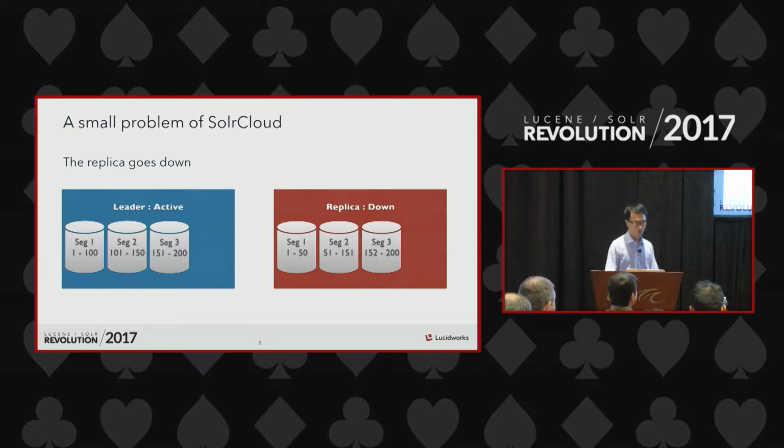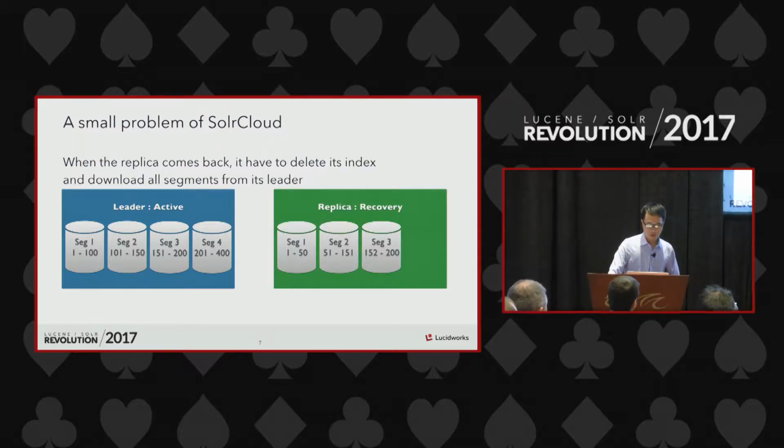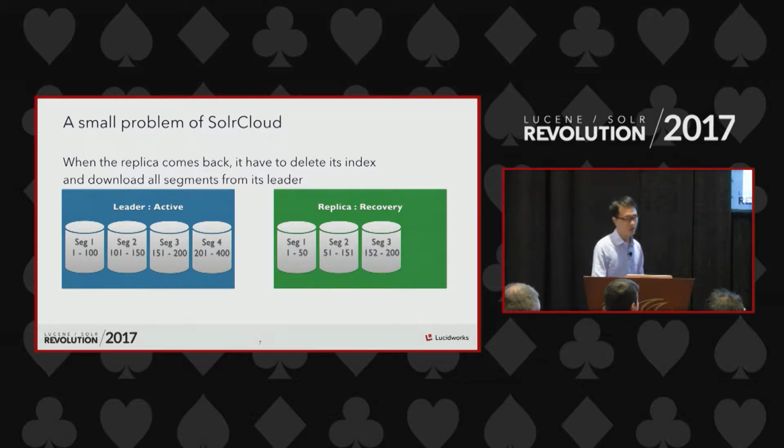So, for example, when the replica goes down and we index more than 100 documents, when the replica comes back, it has to delete its index and download all segments from its leader. So its data cannot be reused, right?